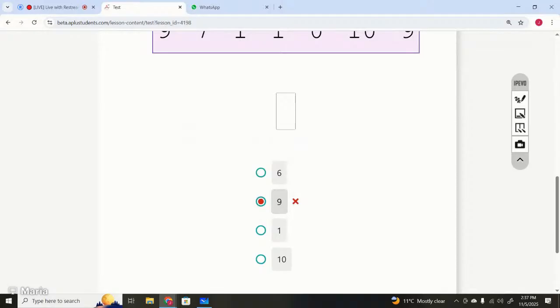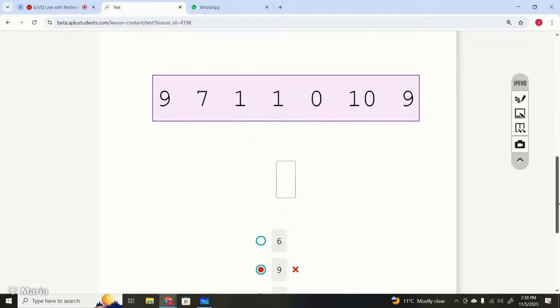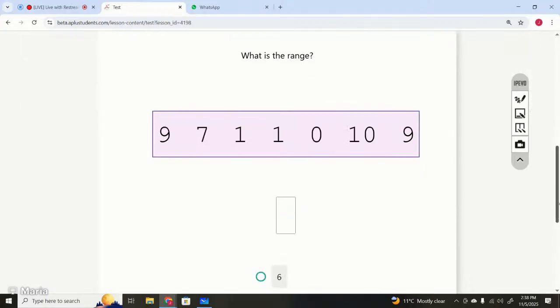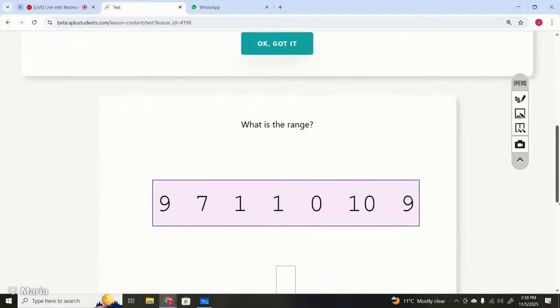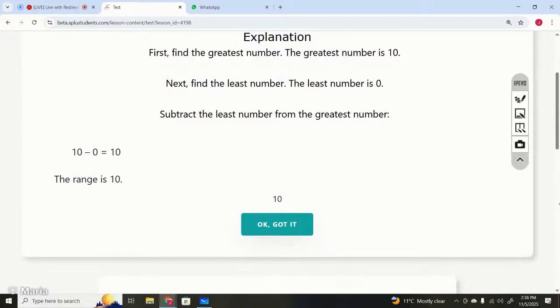The range of the given data is 9. Where is 10? Oh, the range is 10. 10 minus. Okay, got it.